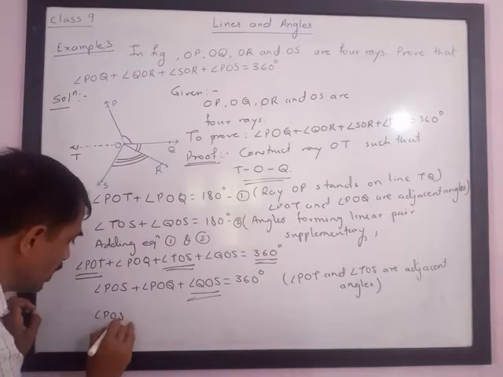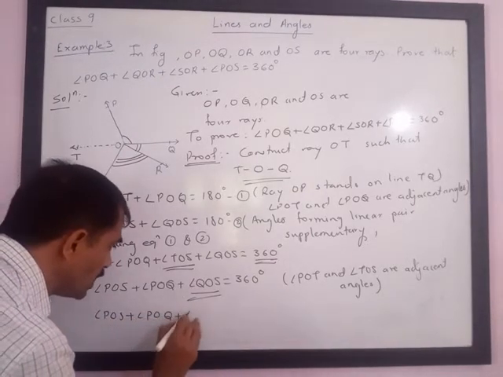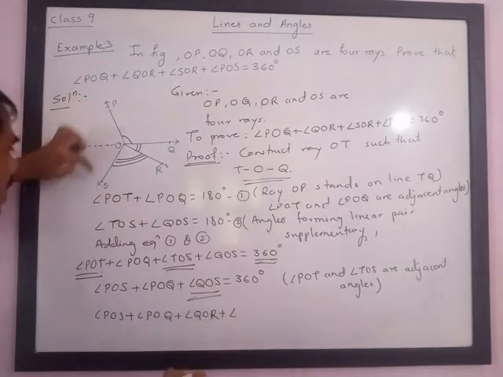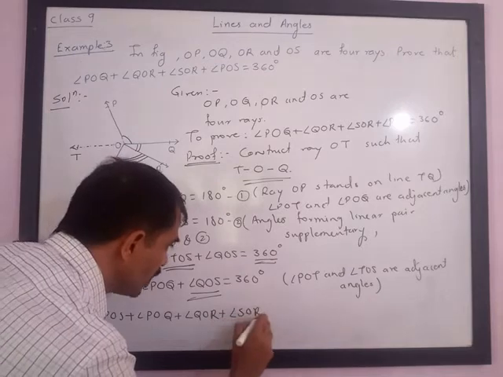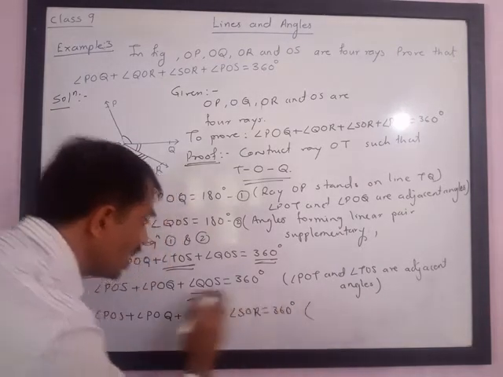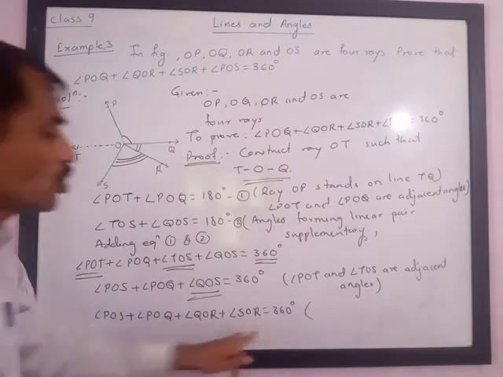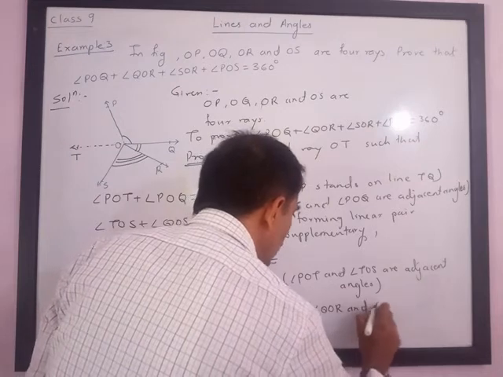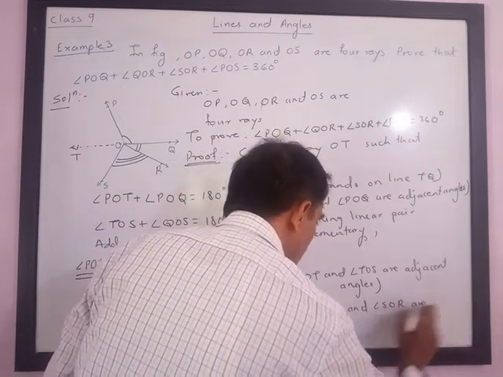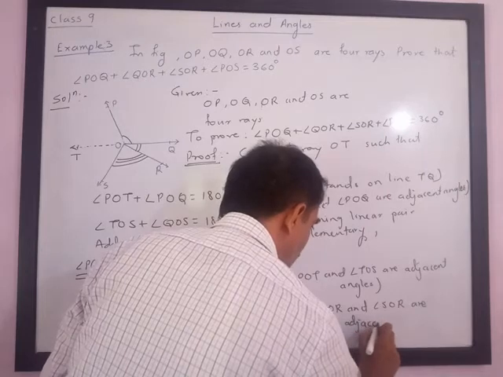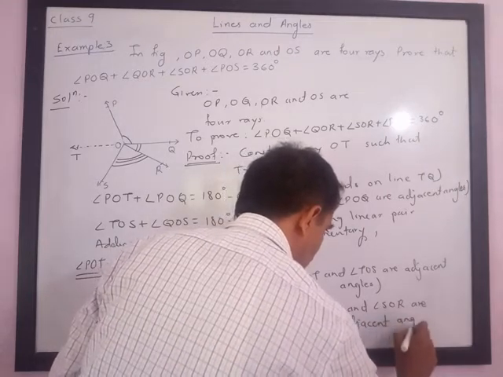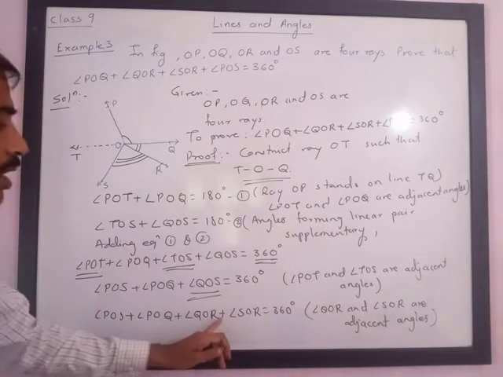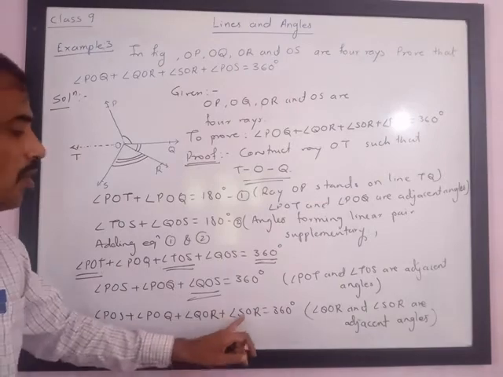Angle POS plus angle POQ plus angle QOS split into QOR plus angle SOR is equal to 360 degrees. This also I can split. The reason is QOR and SOR are adjacent angles, so they can be added as well as separated. Adjacent angles have one common ray and the uncommon rays are on either side of the common ray.